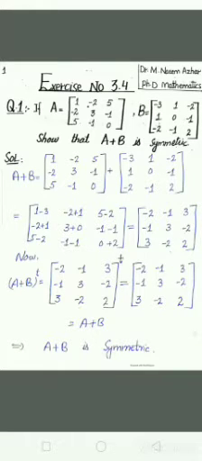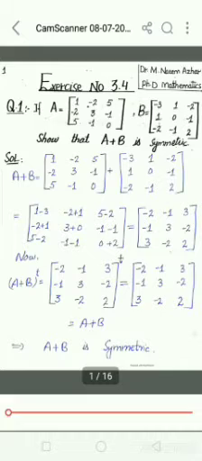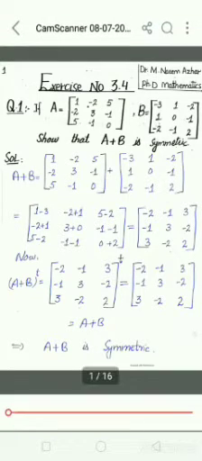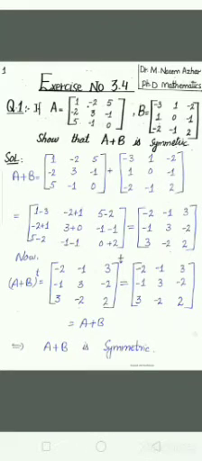First of all, we have studied what is a symmetric matrix. A symmetric matrix is one in which if we take the transpose, then no change happens, meaning A transpose is always equal to A. If we find such a matrix in which A transpose is equal to A, then we say that matrix A is a symmetric matrix.